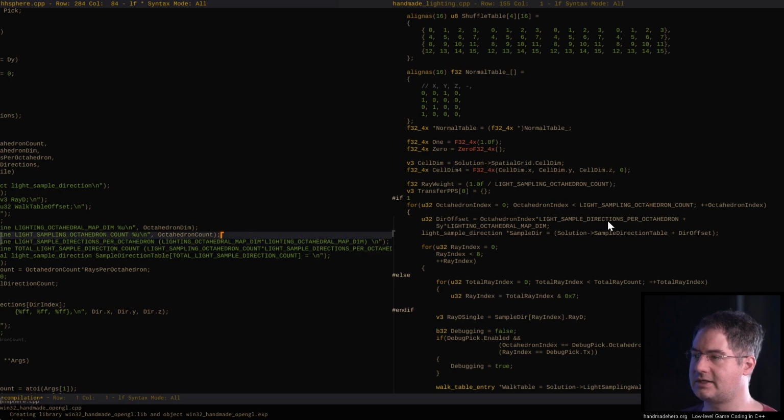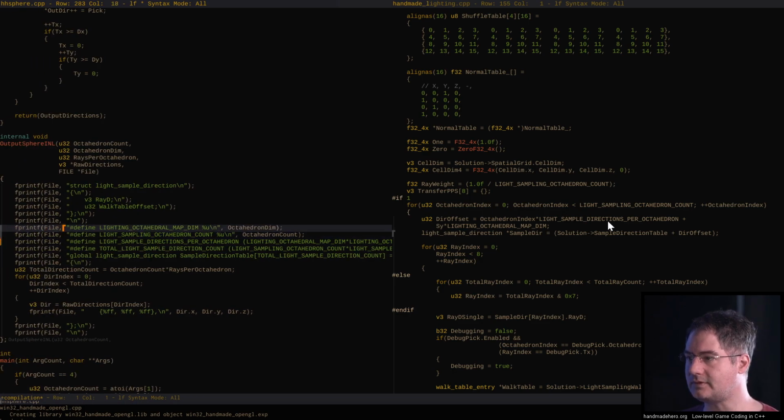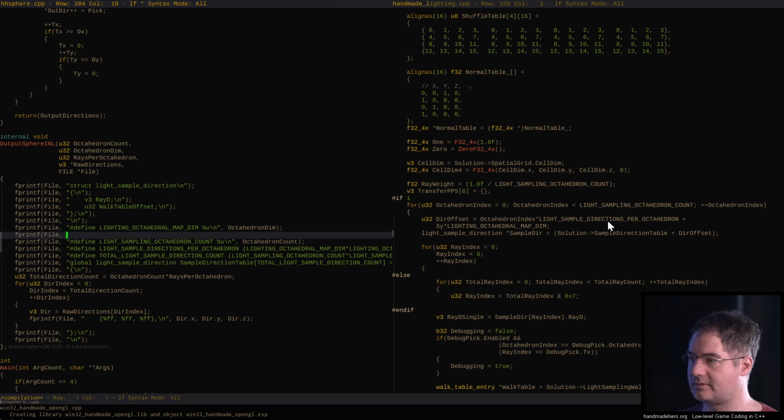So really all you need is the map dimension and the count of the rays coming out of a single texel. So it would be like lighting octahedral samples per texel, or rays per texel. And that number is actually a parameter.